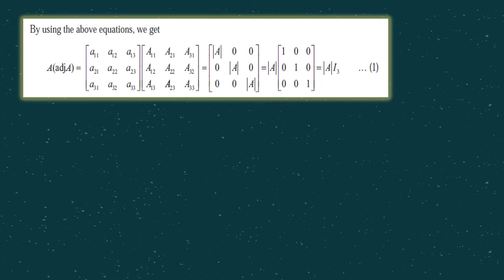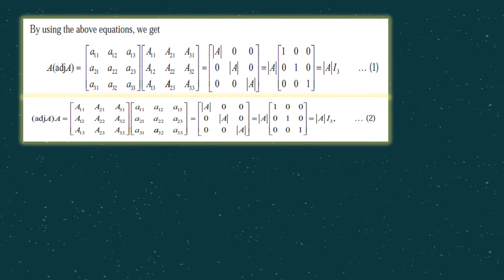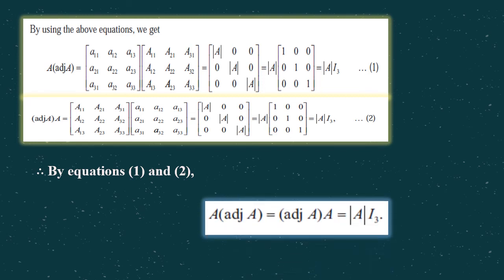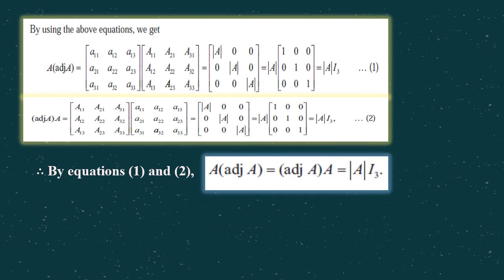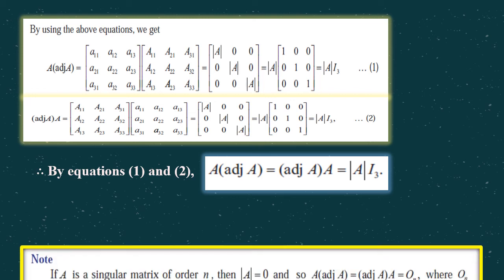So we get determinant A into I3. Similarly, when we commute the product, Adj A into A, first we write Adj A, the transpose of the cofactor matrix, into the given matrix, which again gives this result. So we get two equations. By equations 1 and 2, it is simply proved that A into Adj A equal to Adj A into A equal to determinant A into I3.